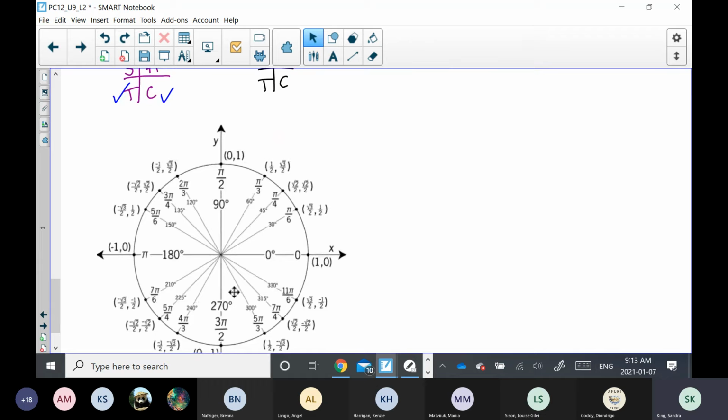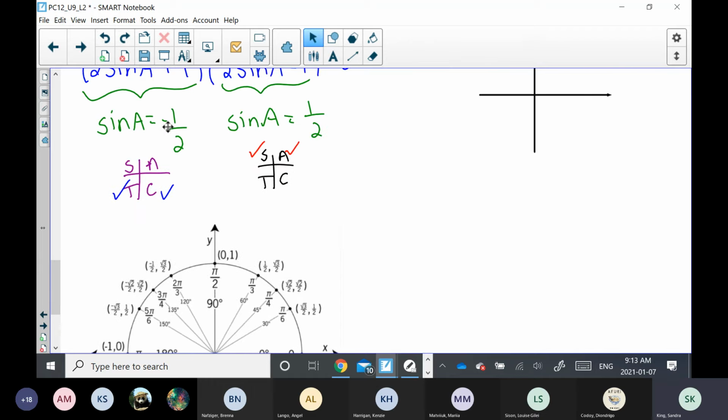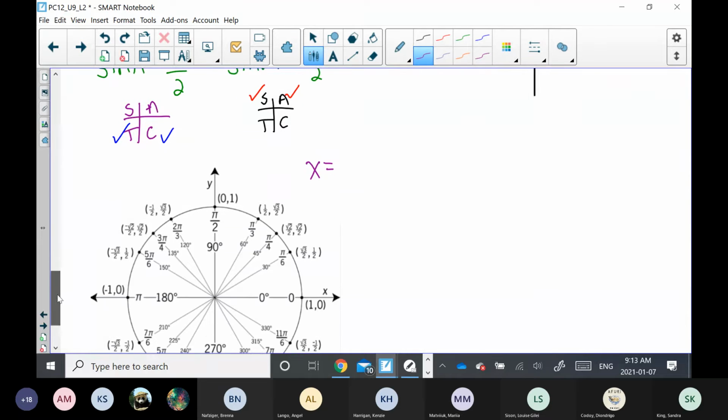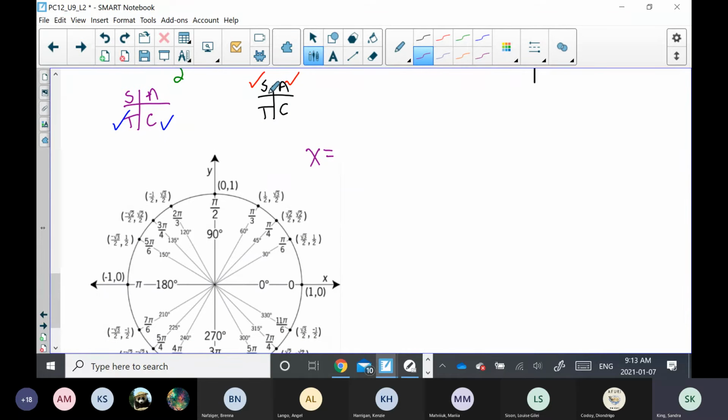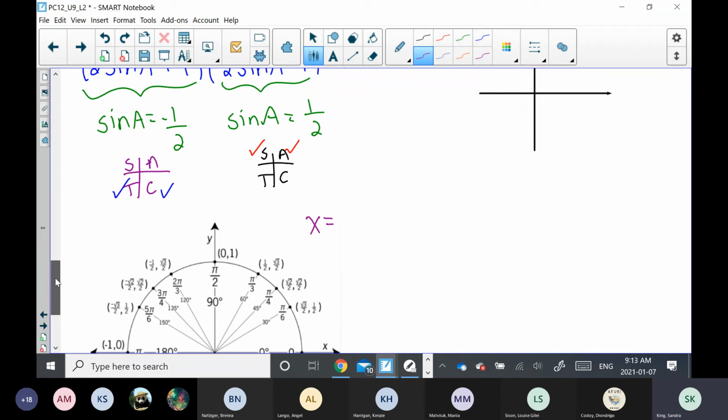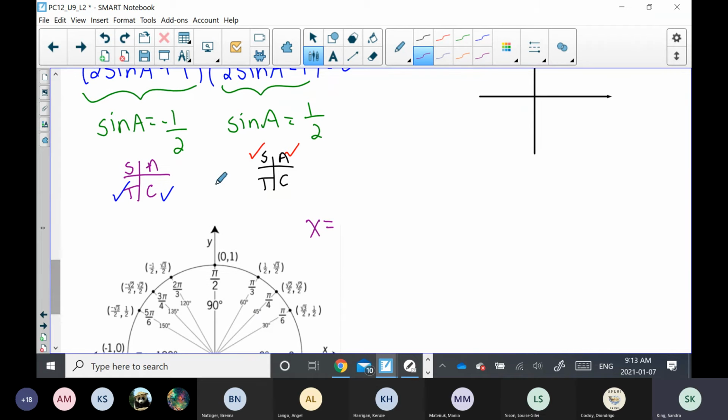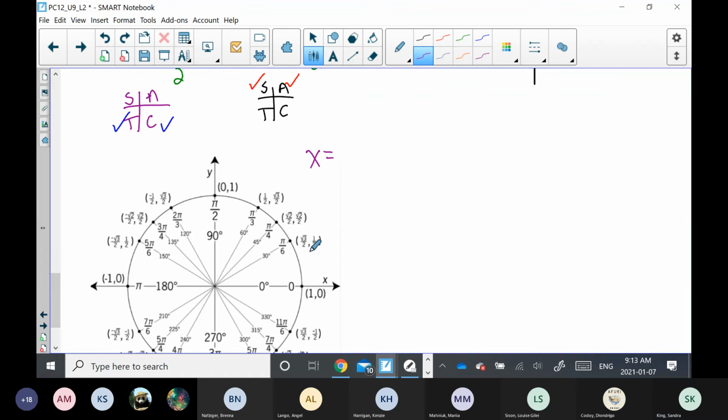Look at your unit circle. Sine is y. So you're going to look for where is y positive in these two quadrants. So where is y 1/2? If I'm going to do the positive first, where is y 1/2 in these two quadrants? So I've got answers of pi/6 and 5pi/6.